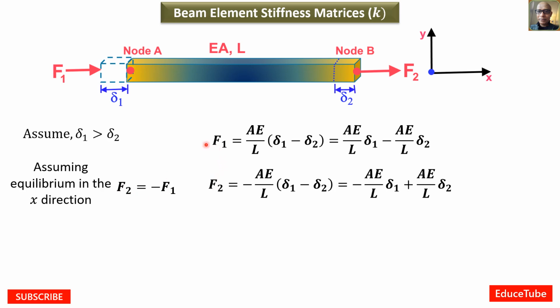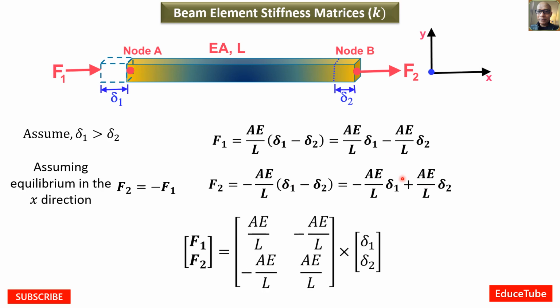So here we got F1, this is the stiffness, and this one is the displacement, and by simplification we can put del 1 and del 2 separate, and here also del 1 and del 2 separate. The reason is I will write it as a matrix.